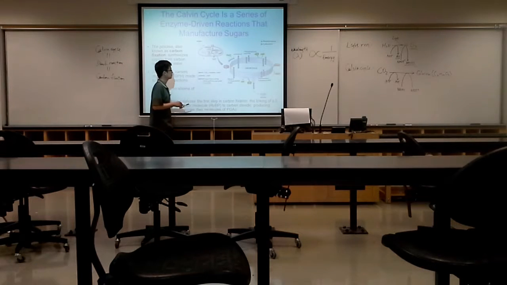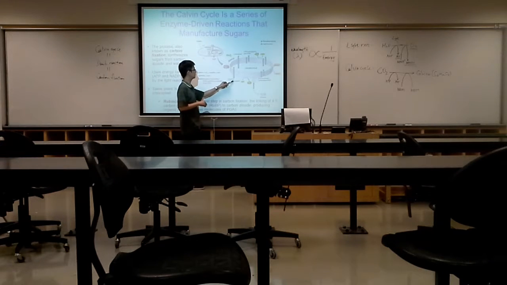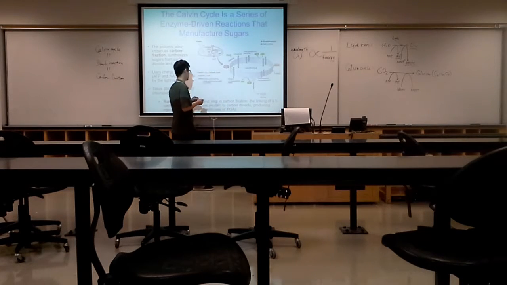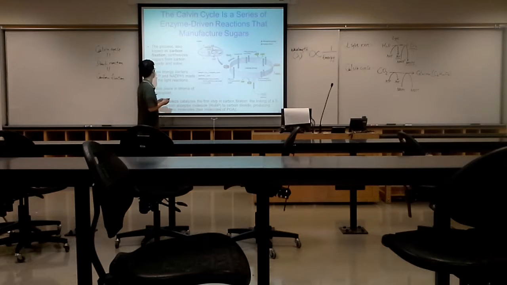So the function of Rubisco is that it will combine ribulose 1,5-bisphosphate, you can just call it RuBP, with carbon dioxide, and it becomes PGA. You become 2-PGA.